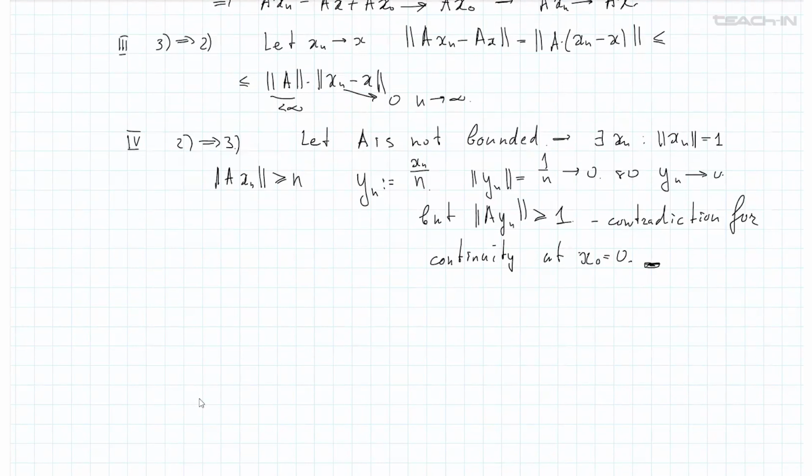And the question: when is the space of operators complete? We know that among all normed spaces, the Banach spaces are good spaces. So the following theorem. Let X, Y be normed spaces, of course over one field, I don't repeat it every time, and Y is a Banach space.